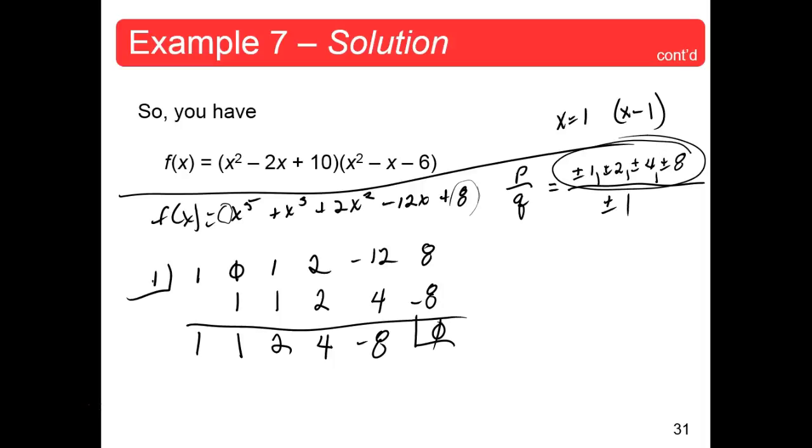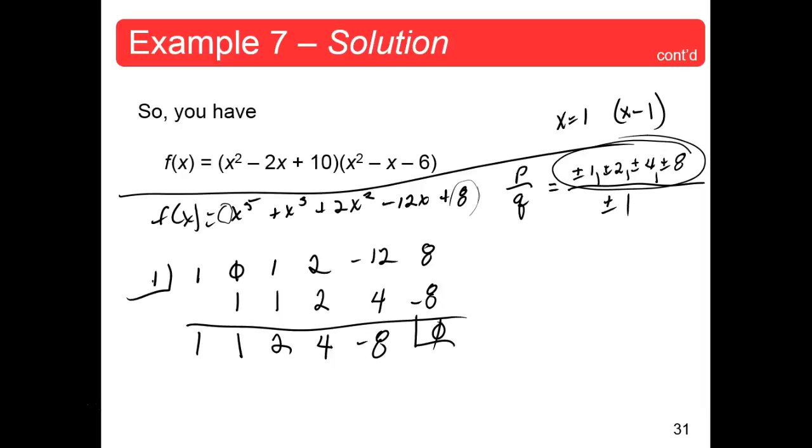What does this represent, though? The quotient. Yeah. This is x to the 4th plus x cubed plus 2x squared plus 4x minus 8. That's your quotient. But guess what? That's the factor of that one. Because this was a factor, this is a factor when you put all those x's in there.